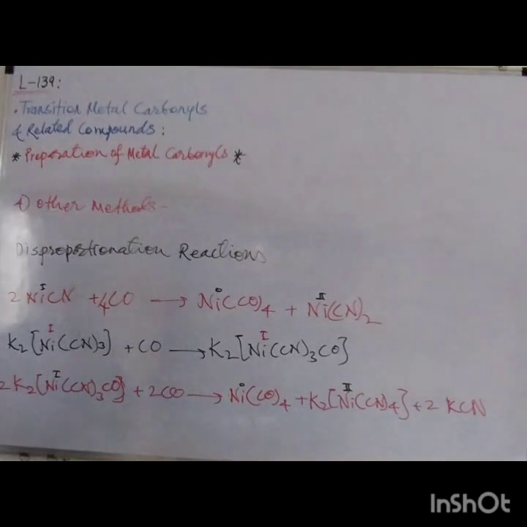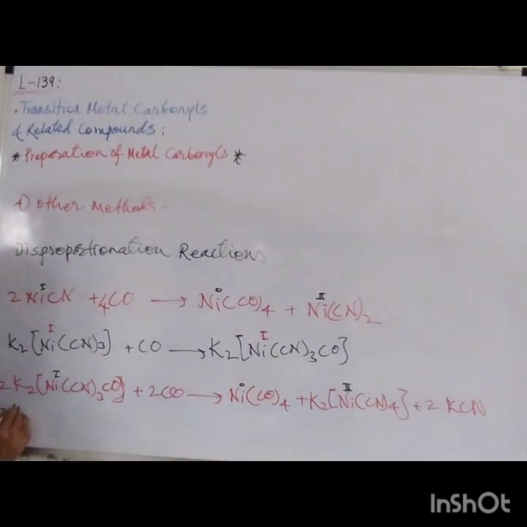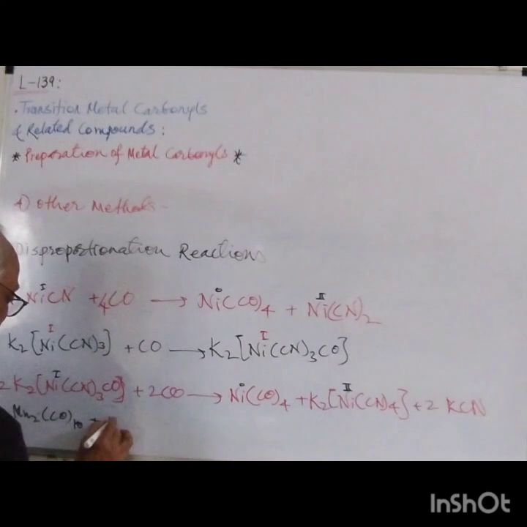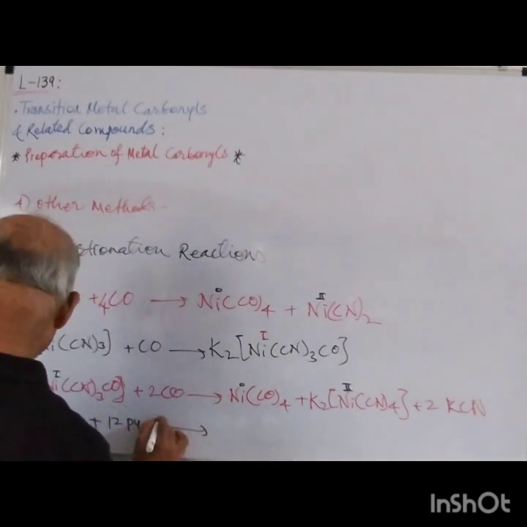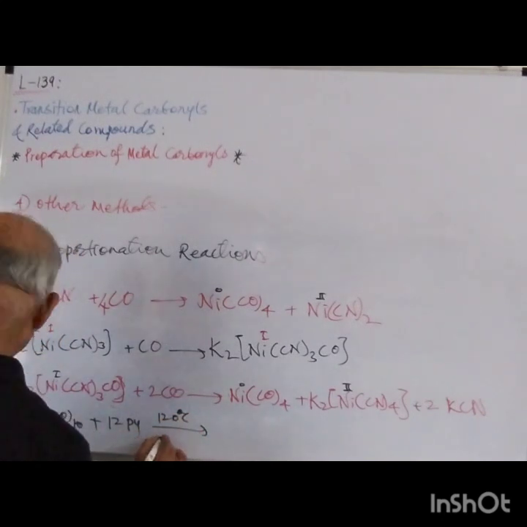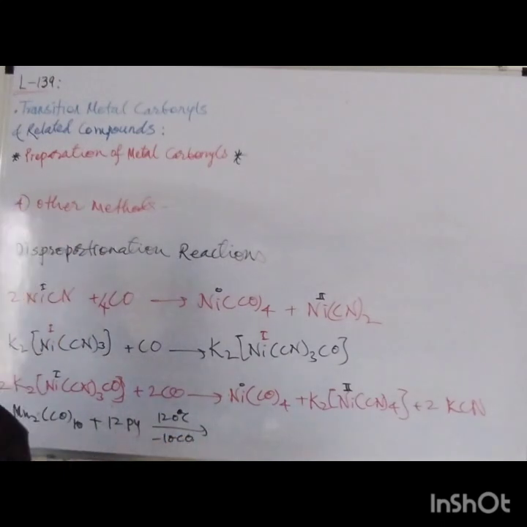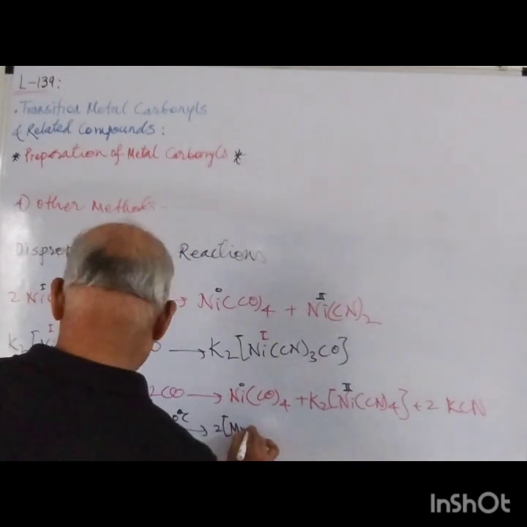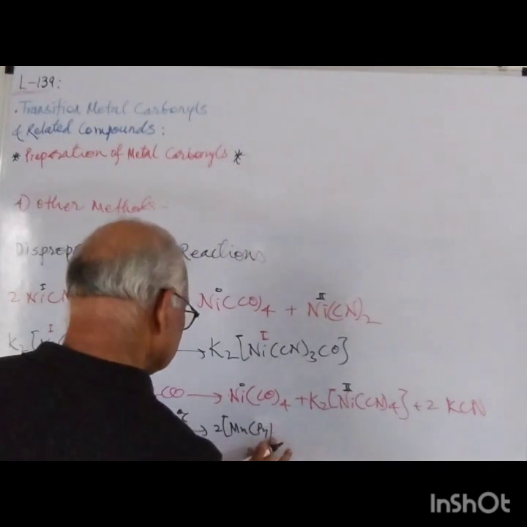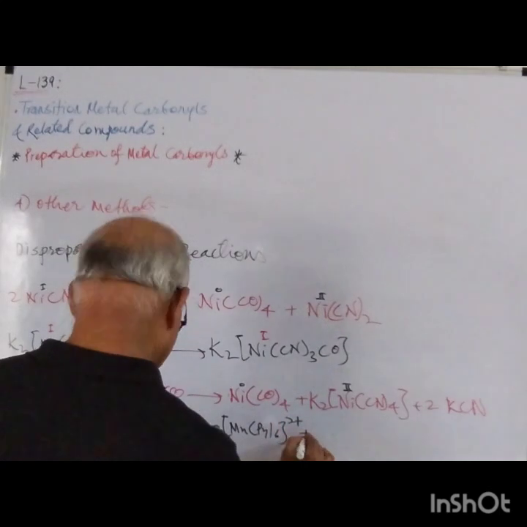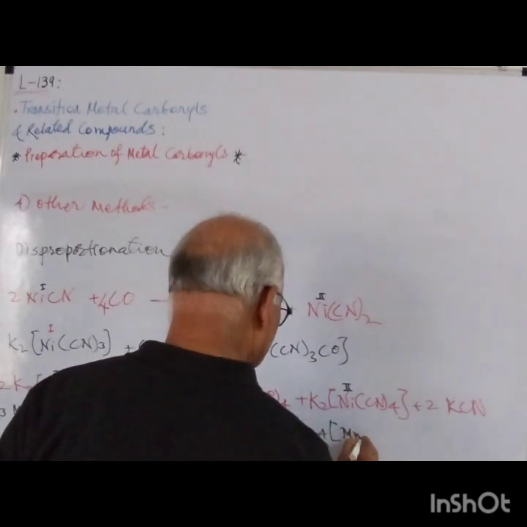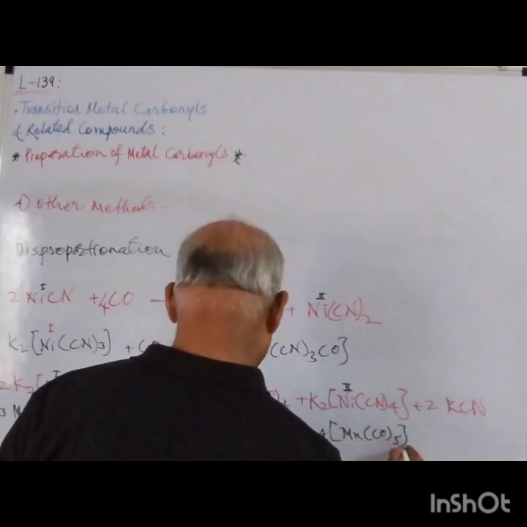Then we will see third reaction, that is thrice Mn2(CO)10 plus 12 pyridine at 120 degrees centigrade, with loss of carbon monoxide, minus 10 CO. So this gives twice [Mn(Py)6] 2+ plus 4 [Mn(CO)5] minus.